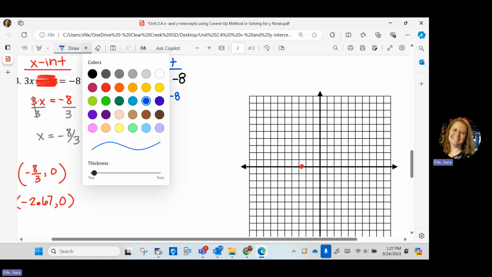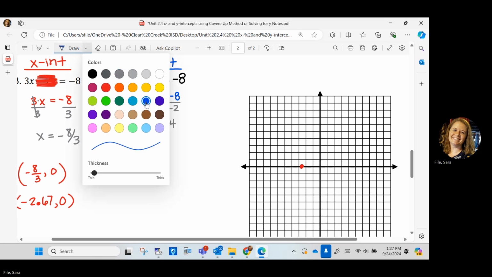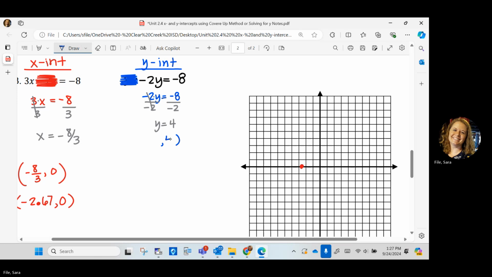Now I've got to get rid of that coefficient, which is -2 this time. That -2 is being multiplied by y. The opposite is to divide. A negative divided by a negative is a positive, and 8 divided by 2 is 4. So 0, 4 is my y-intercept.